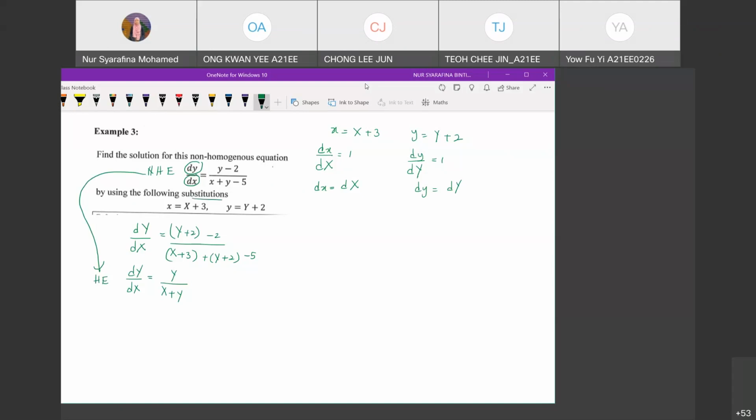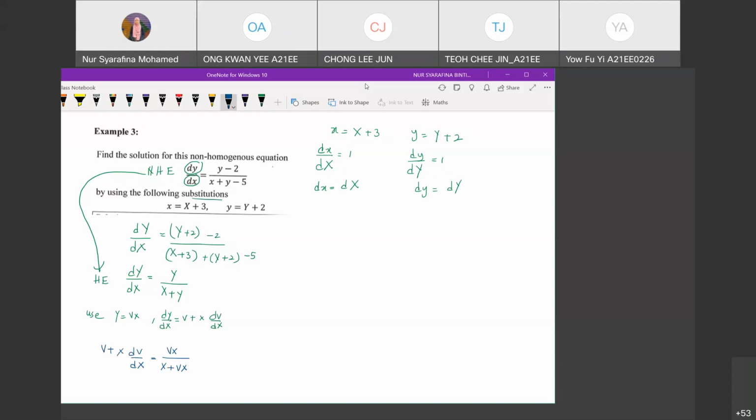But if we want to solve the homogeneous equation here, we again need to use the substitution for homogeneous equations, where y equals vx, and dy/dx equals v plus x dv/dx. So again, you need to substitute. So dy/dx is v plus x dv/dx equals, y is vx.